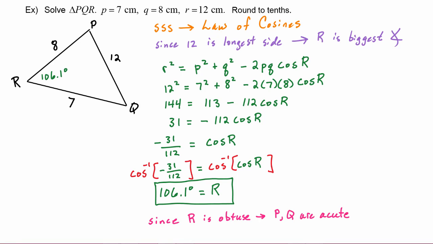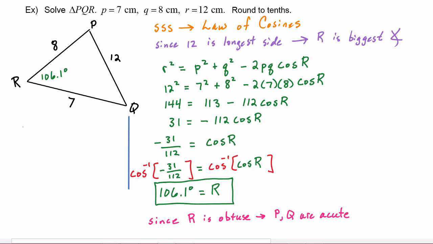So let's go ahead and find angle P. We could do either one, but typically when I'm using law of sines, I like to find the smallest angle. I know that one's going to be acute. So we could set up our proportion here.